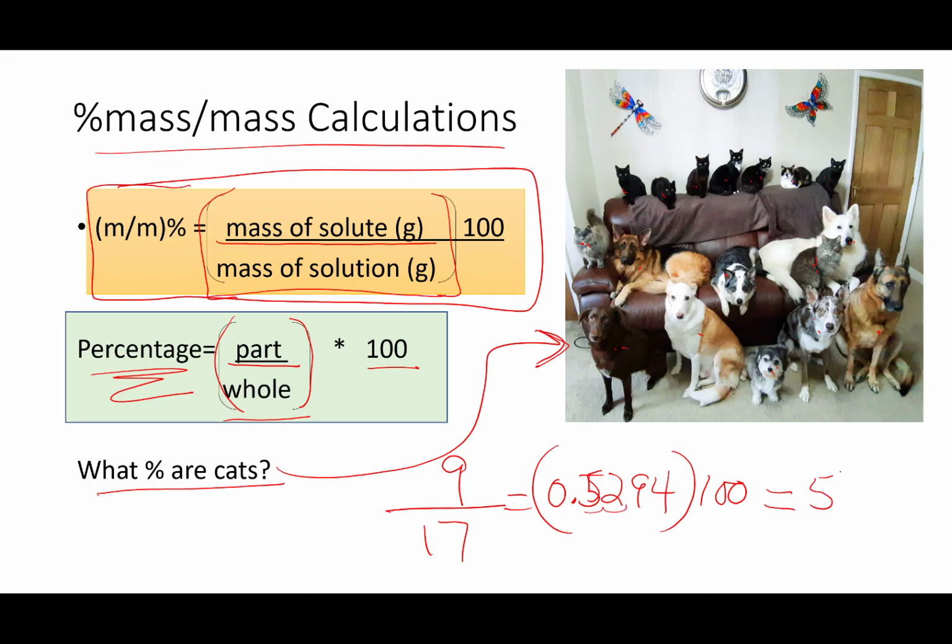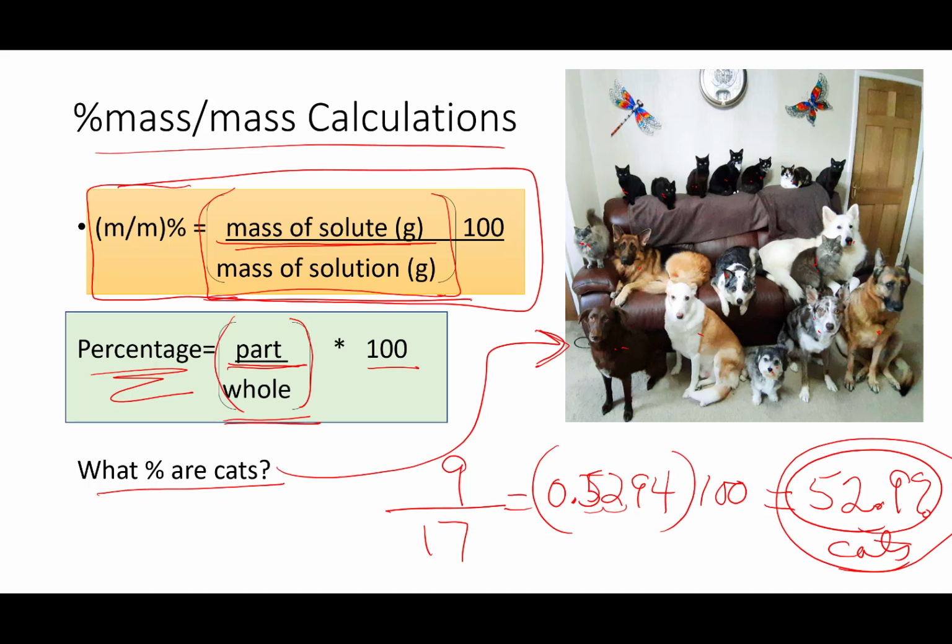So I am going to keep things to 3 sig figs: 52.9% cats. That's all we're going to do, the part divided by the whole, but when I start putting in mass of solute over mass of solution, it feels more complicated. It's no more complicated than what we just did counting cats and dogs.